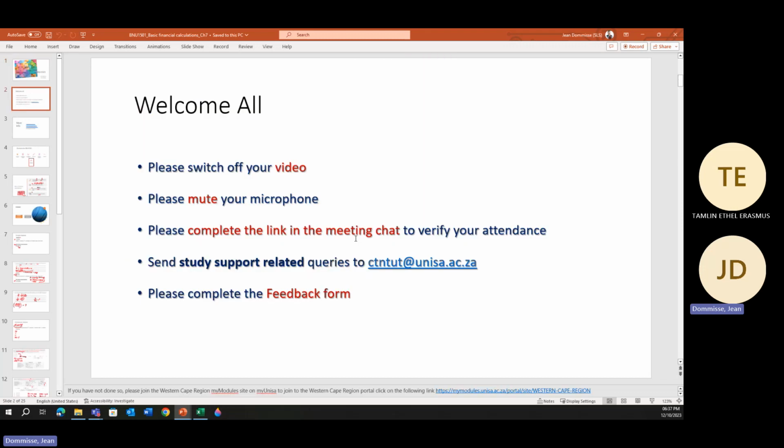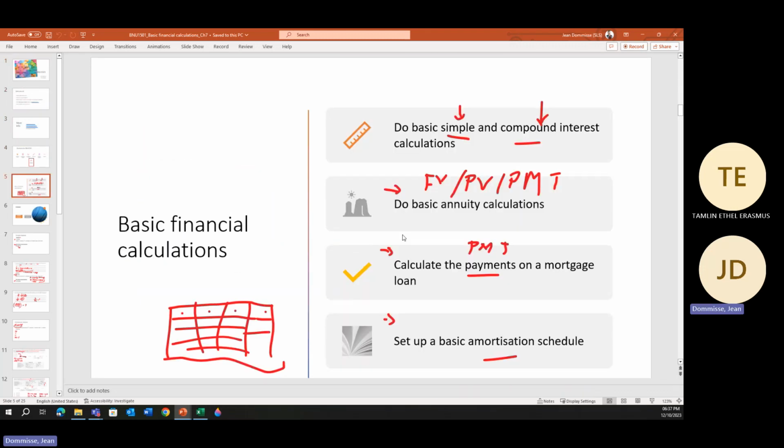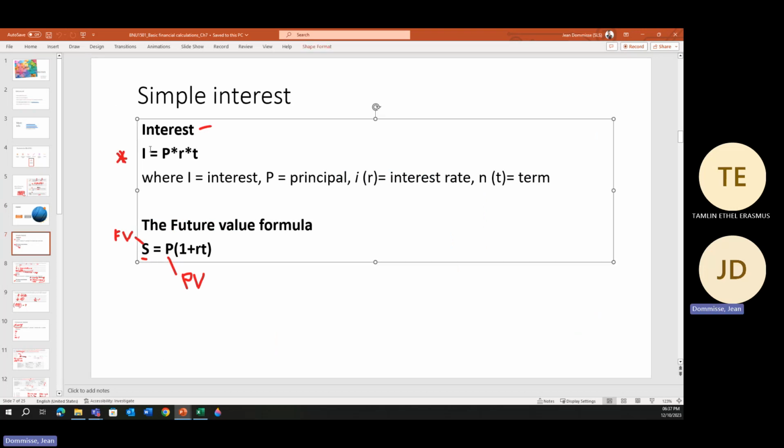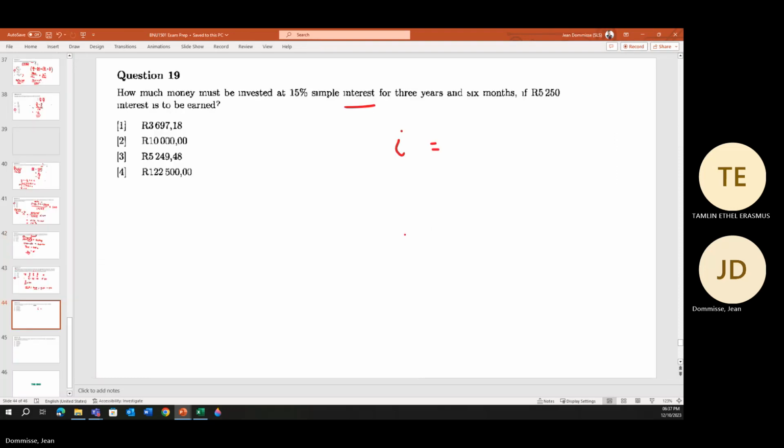So let's quickly just get that formula. Okay, so that was our formula.